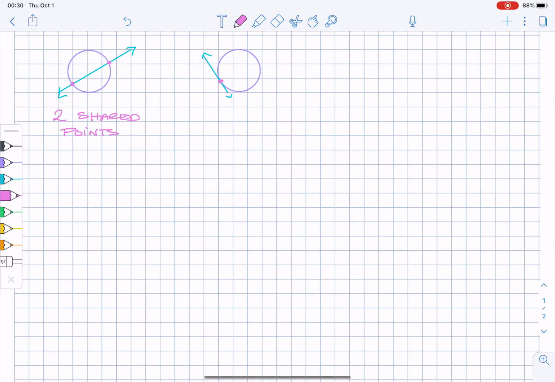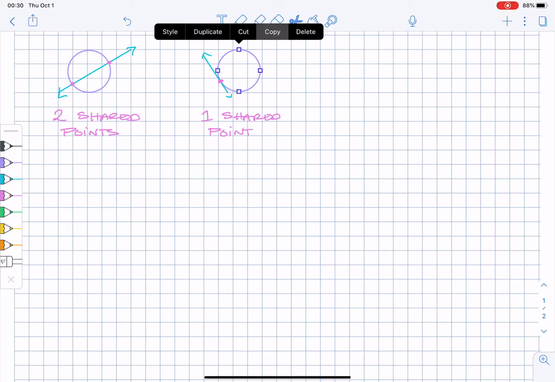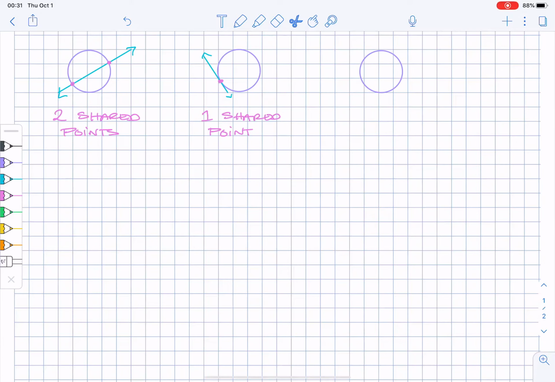Just tangent. And of course, the last scenario is going to be exactly what it was for the parabola, meaning no shared points.